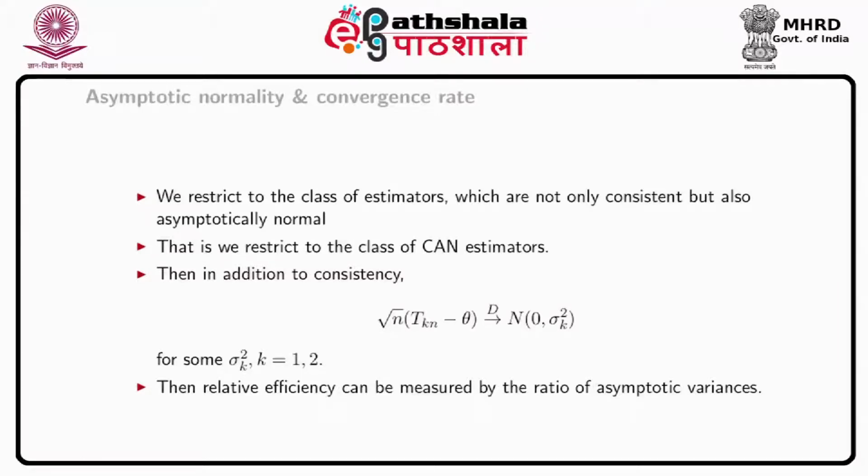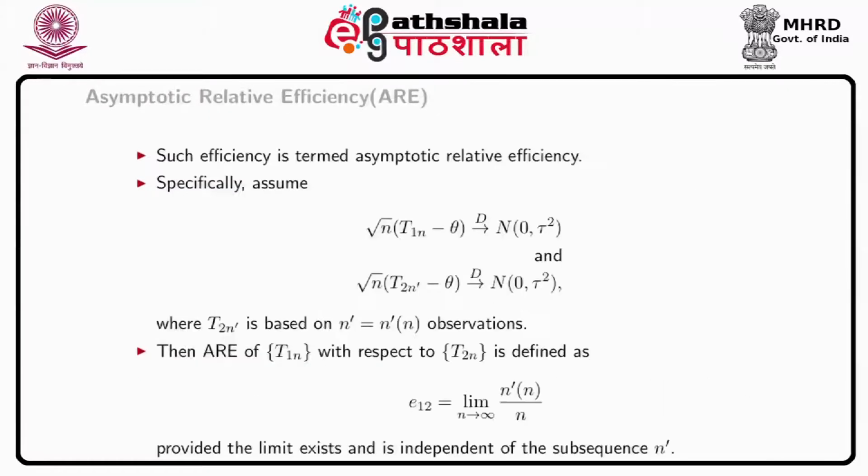Then, as before, relative efficiency can be measured by the ratio of asymptotic variances. However, in this case, the efficiency is called asymptotic relative efficiency and it is abbreviated as ARE.